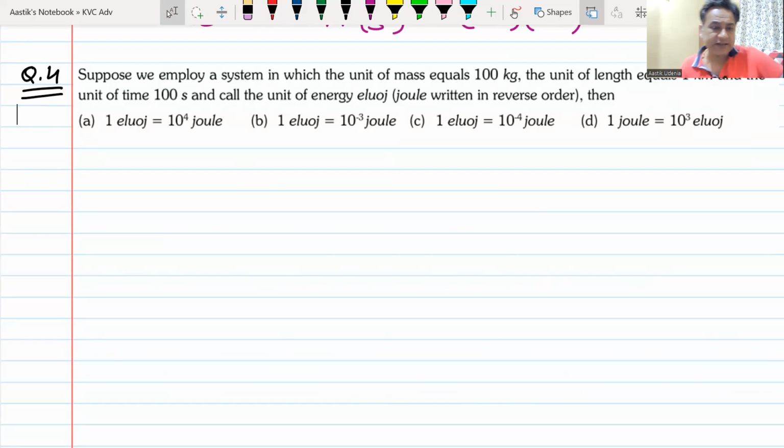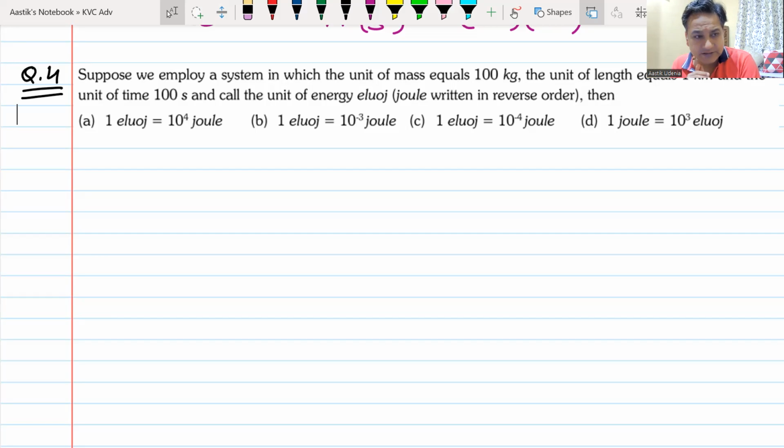So the question looks like this. Suppose we employ a system in which the unit of mass is 100 kgs. Original unit is 1 kg. The unit of length becomes 1 kilometer, and the unit of time becomes 100 seconds. We call the unit of energy in this new system as E log, which is the original unit joule written in reverse order.